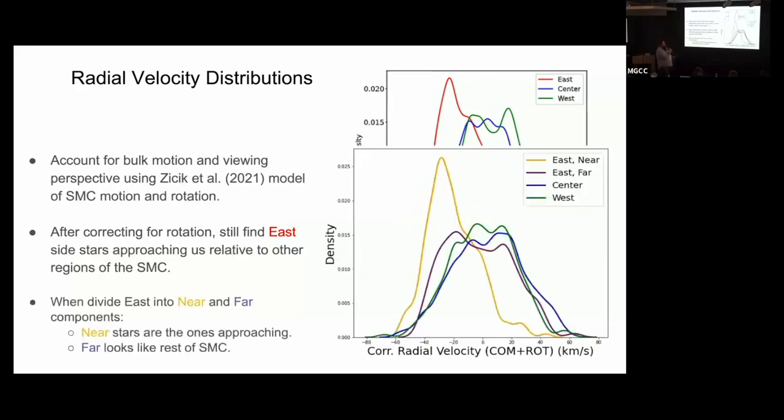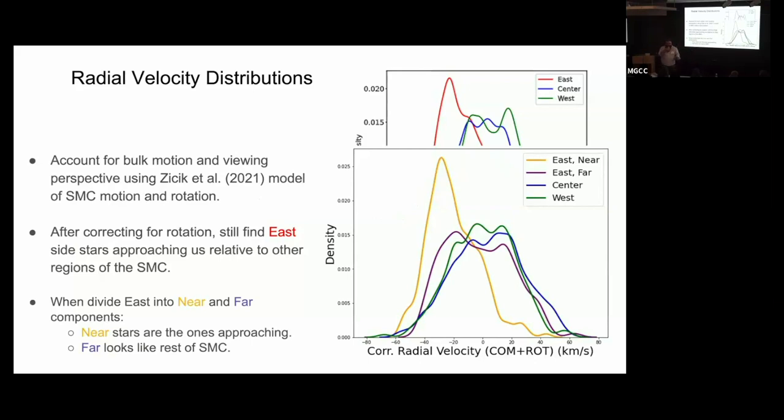What happens if we subdivide the eastern side into near and far subpopulations? It turned out that the stars in the near subpopulation are the ones approaching us, while the stars far behind this substructure are moving more like the rest of the SMC.